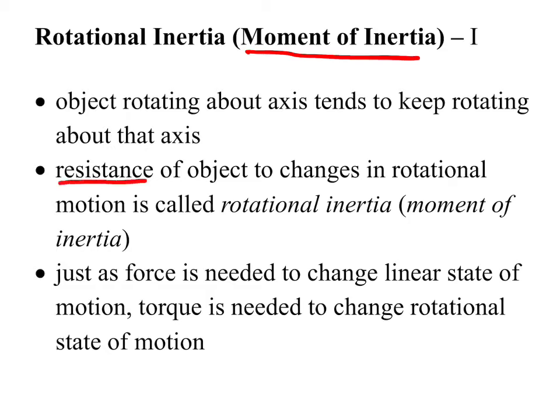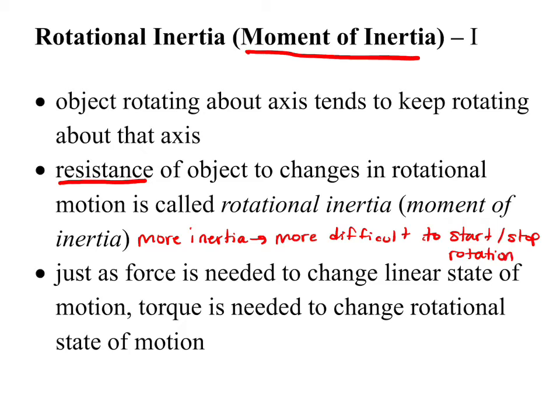Okay, so the more inertia we have, the more difficult it is to start or stop rotation. So that's the main way we want to think about rotational inertia, right?